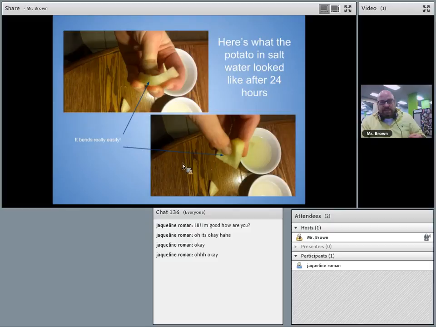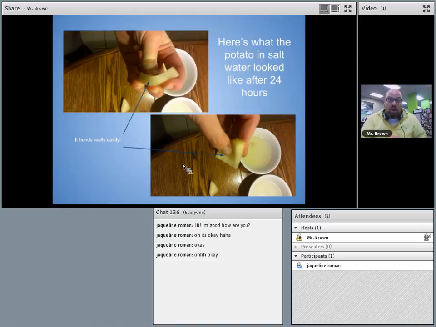What happens is that the salt water has so much salt in it that the concentration of water in the salt water solution is lower. There's less water in the salt water. There's more water in the potato.